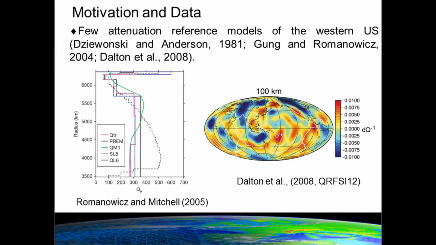However, there are only a few regional scale Q reference models. Most of them, whether 1D or 3D, are at the global scale, which are smooth large-scale models.